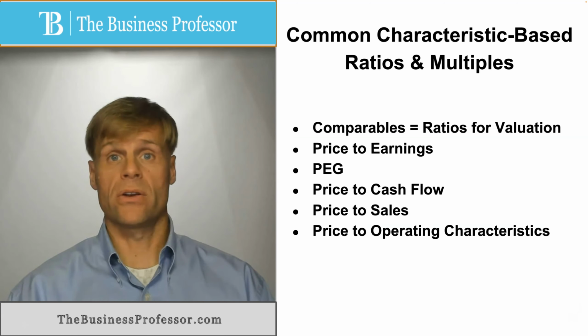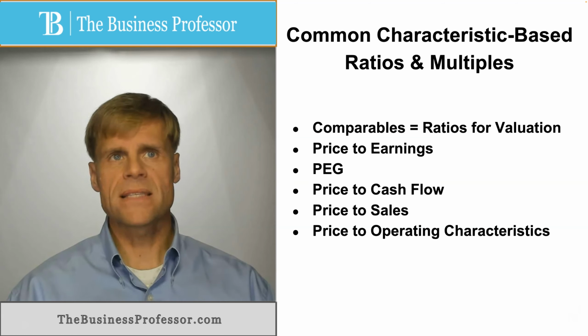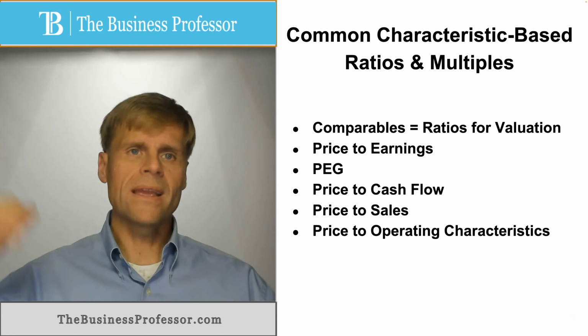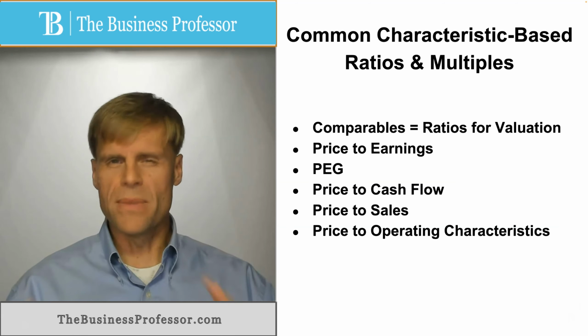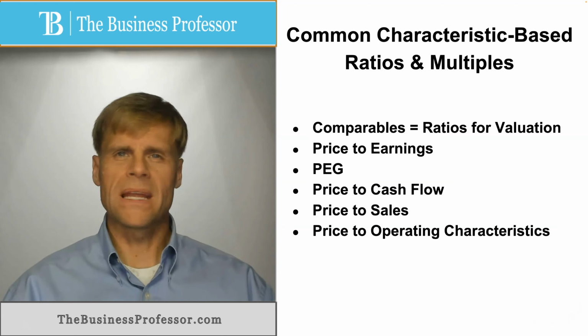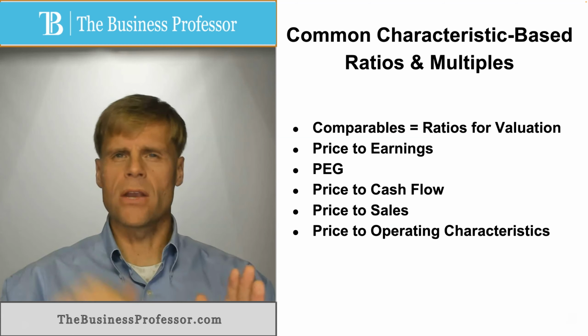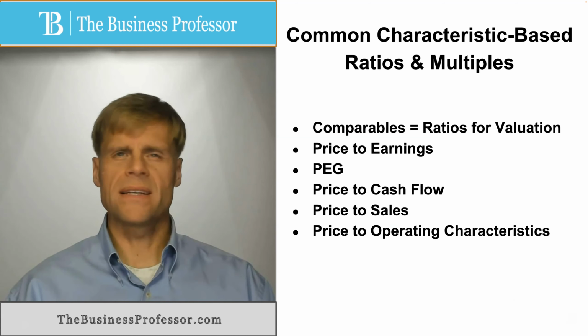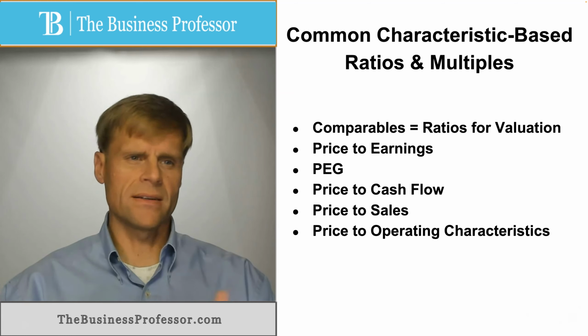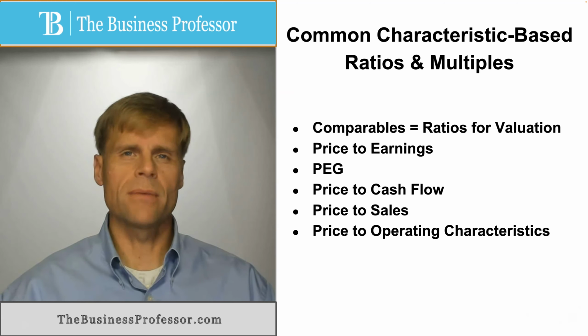Price to operating characteristics. This is for companies that, once again, are growing, and revenue is not the best metric for determining how much value they're creating, particularly when a company is seeking growth rather than monetization of the metric that they're using at the moment.